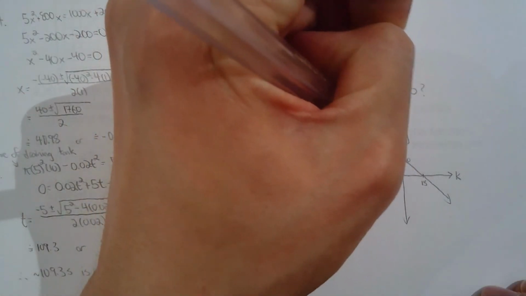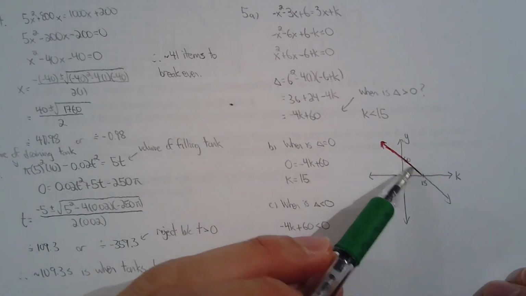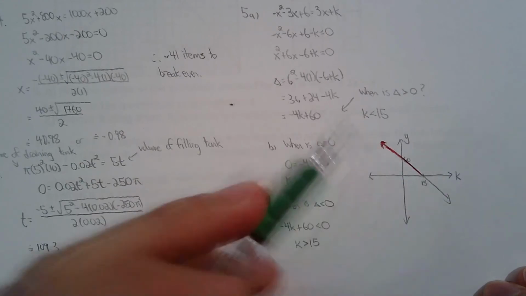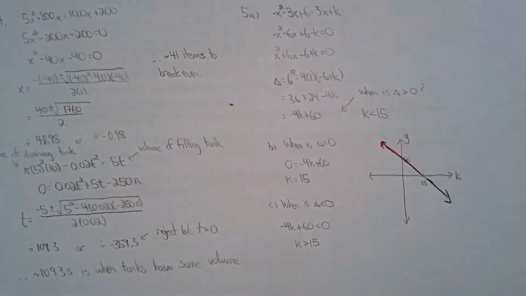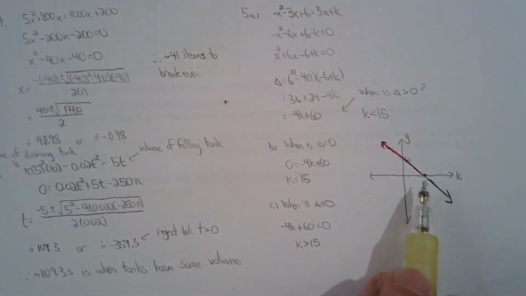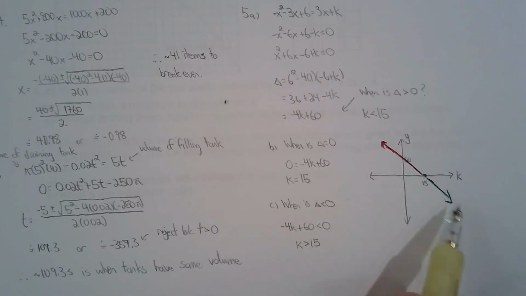So this is when it's positive. That's when the discriminant is positive, right? I don't care what number it is, I want to know when it's positive. So when k is less than 15, 2 solutions. When k is greater than 15, the discriminant is negative. What if k was 15? Well, if k is 15, then the discriminant is 0. So if you wanted to have 2 solutions, k has to be less than 15. If you want no solutions, then you want k to be greater than 15.